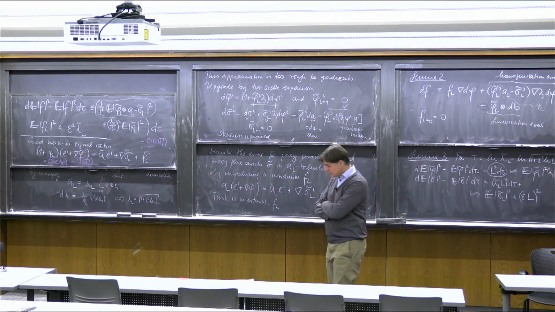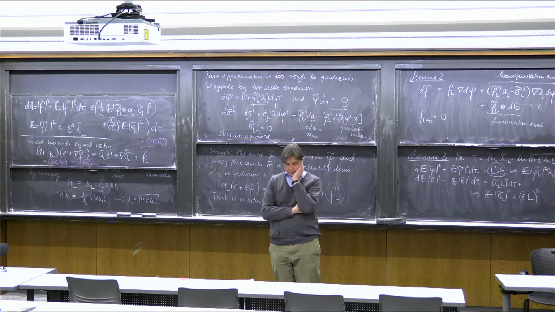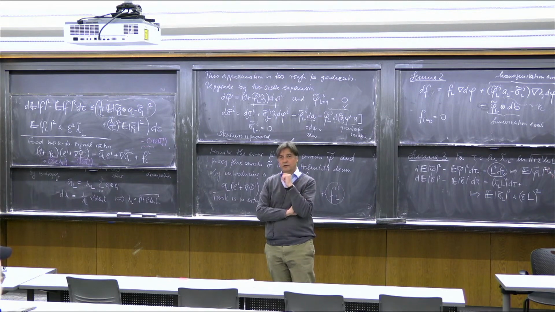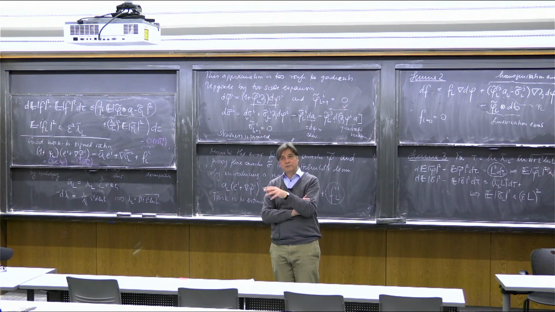So that's the approach which I think was introduced by Toth and Valko, and then more recently used by Toninelli, Cannizzaro and collaborators. In order to understand this drift diffusion process, they look at the generator of the environment as seen by the particle. That generator has a symmetric part and a skew-symmetric part.